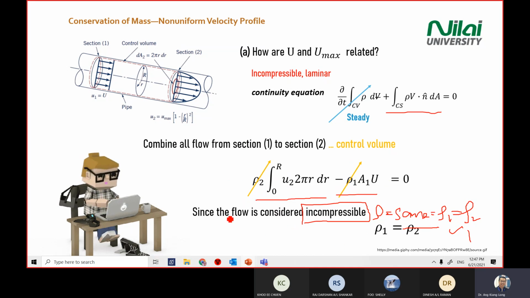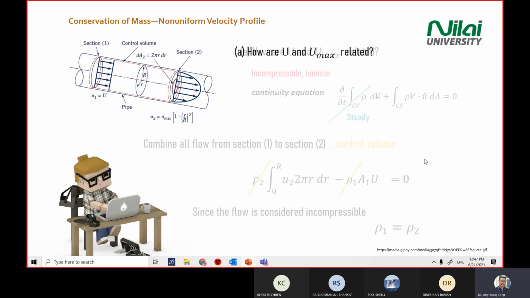When you draw an arrow in your answer, I'm looking for your definition of incompressible, and you write something like this: rho same for points 1 and 2, or you can write rho 1 equal to rho 2 to define incompressible. Don't just cancel with no explanation, or I'll give you wrong. I'll give you wrong for not explaining what you're trying to do in your steps.